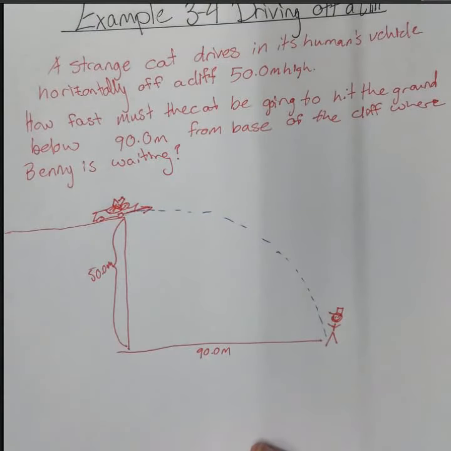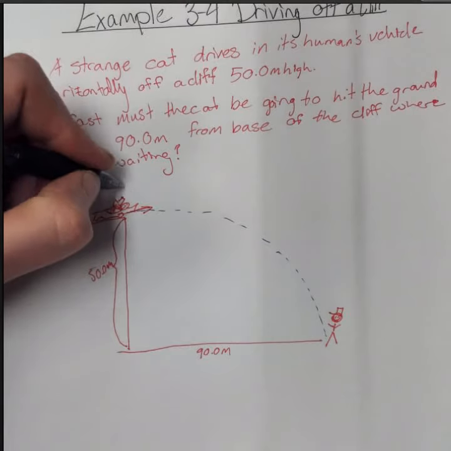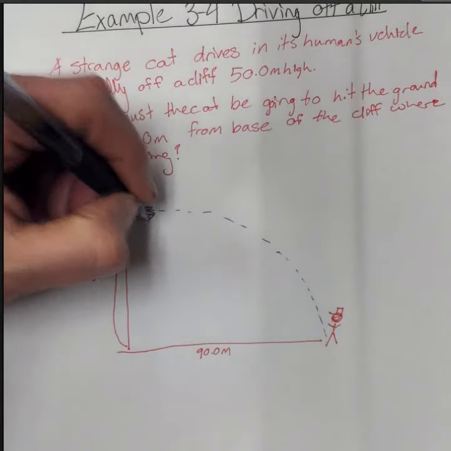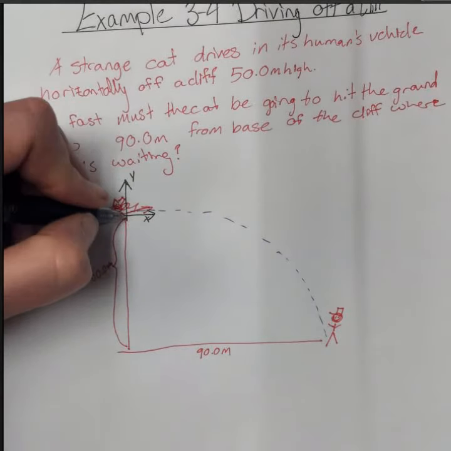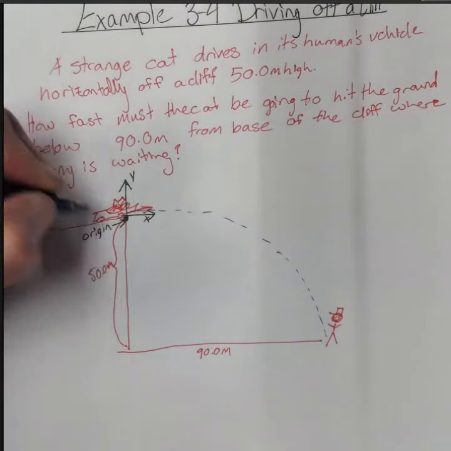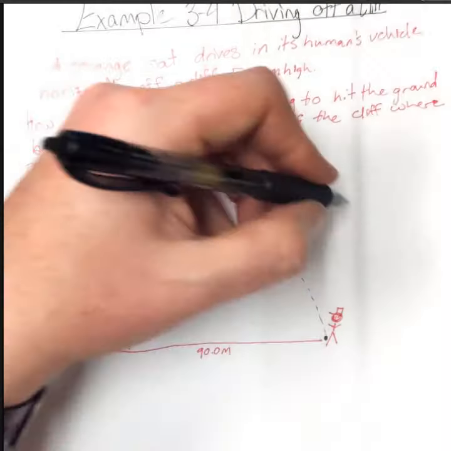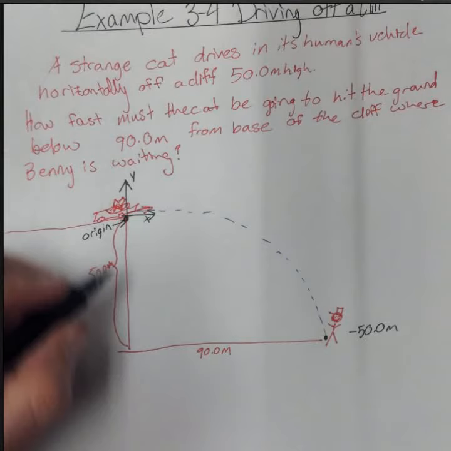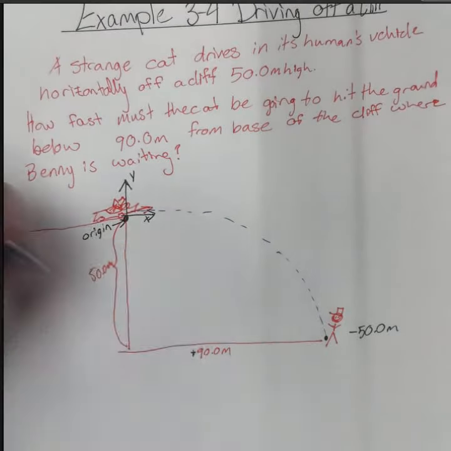Alright, so that means, by logic, we need to set an origin. So I'm going to set this as positive y, and this as positive x, which means if I set this as my origin right here, then down here at the bottom is going to be negative 50.0 meters from the top, and this is going to be some positive 90 meters.